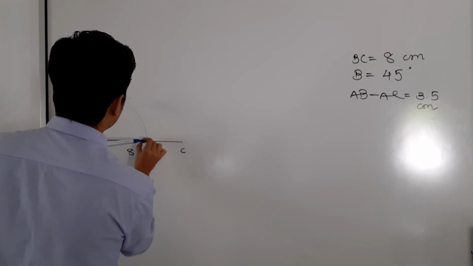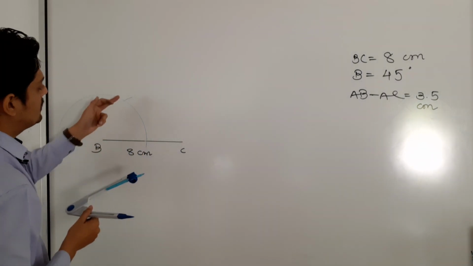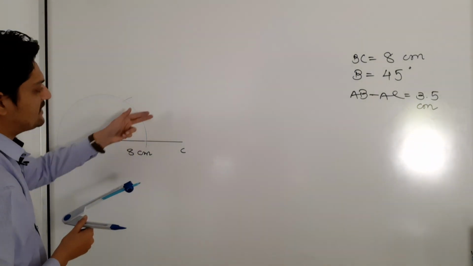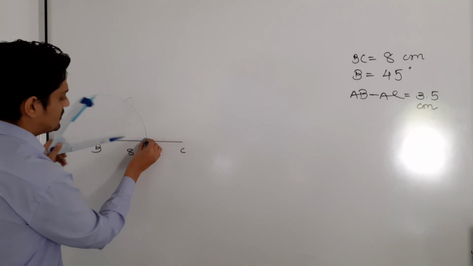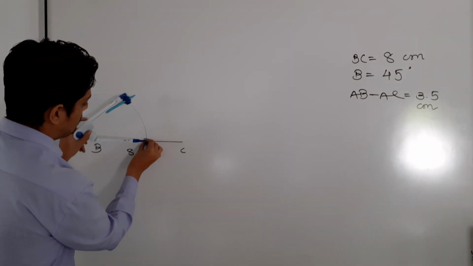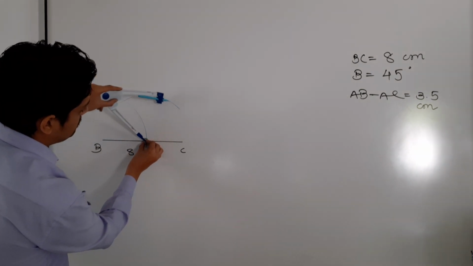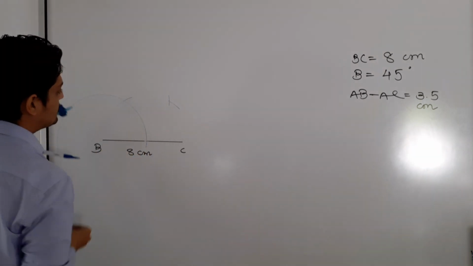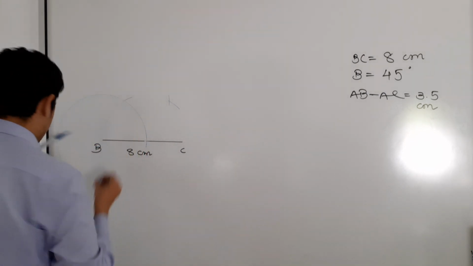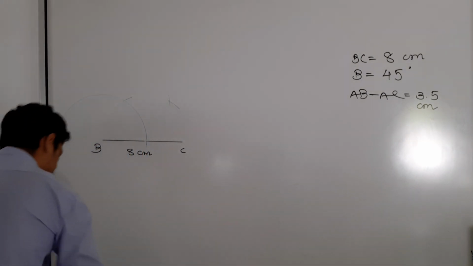This is 60 degrees. Now between 0 and 60, its bisector, that is 30. So we will draw the bisector of 60 and 0, which gives us 30 degrees.